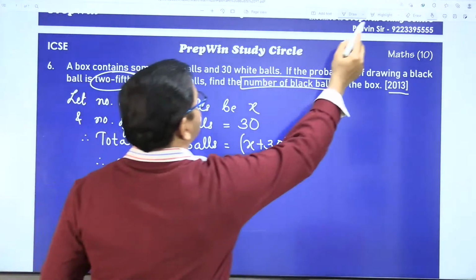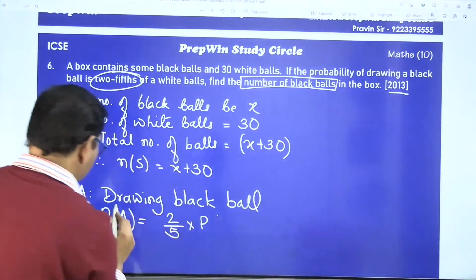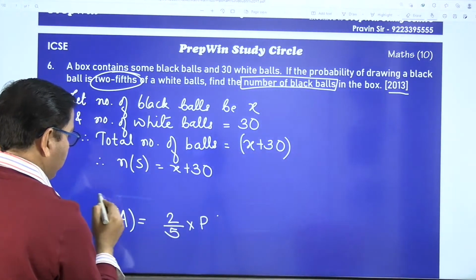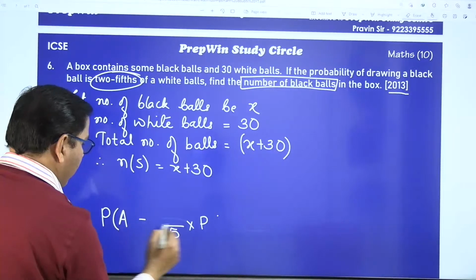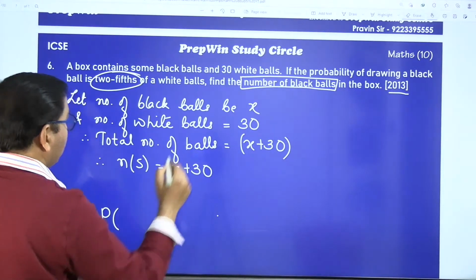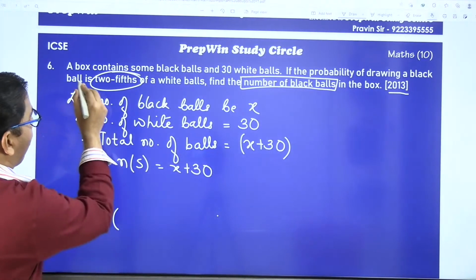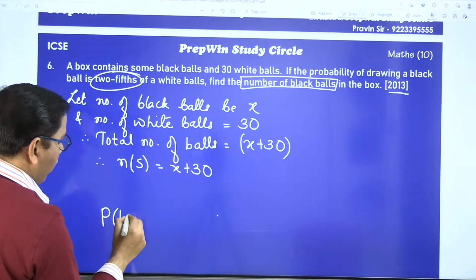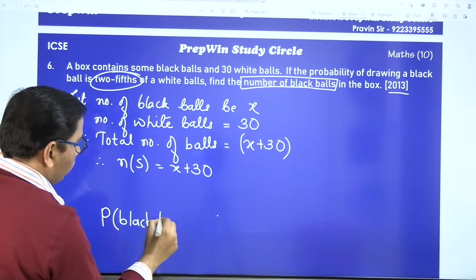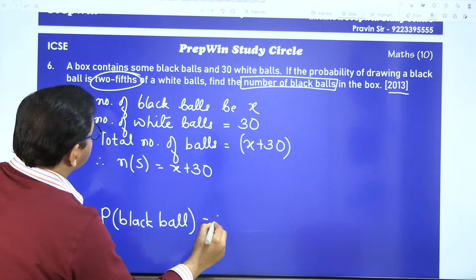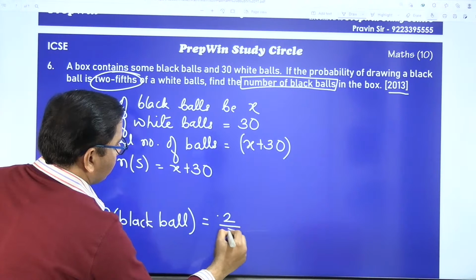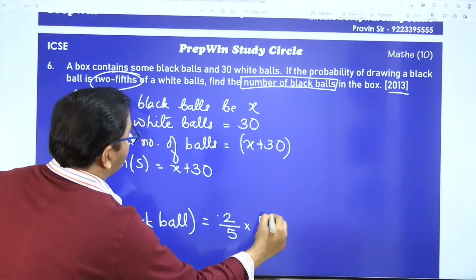Okay, let me write this in a different way. I'm not using A or B, so as to avoid confusion. The probability of a black ball is 2/5 the probability of a white ball.